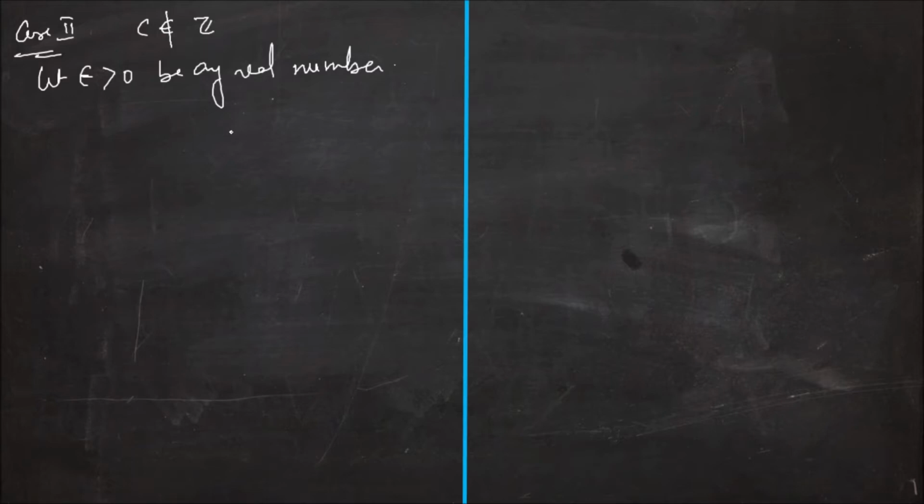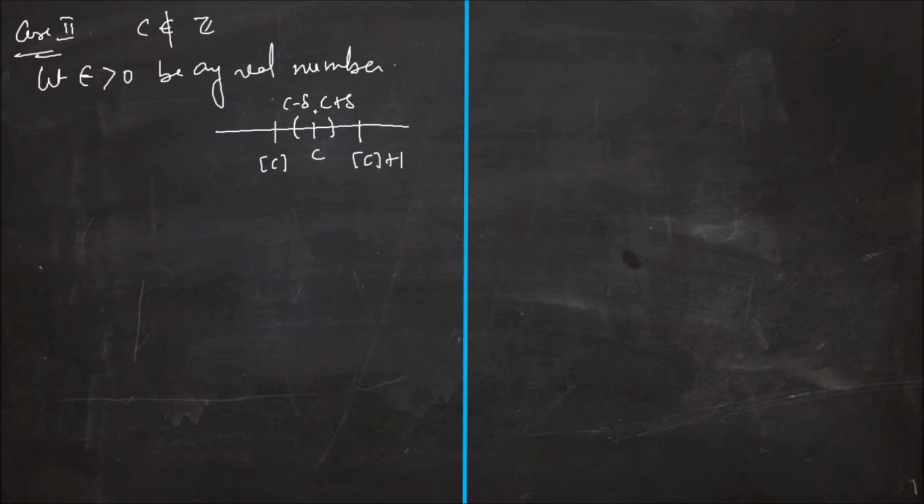So now c is not an integer. So if c is this, then this is c plus 1 and this is the greatest integer of c. So these two are consecutive integers between which the number c lies. So I want my interval to be like this. This should be my c minus delta and c plus delta.